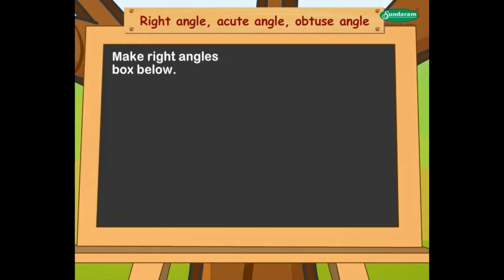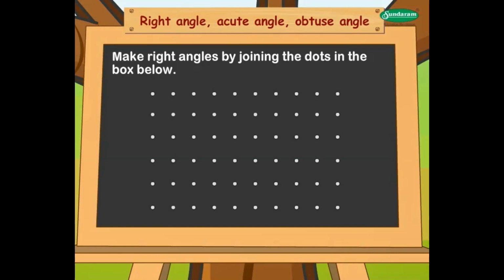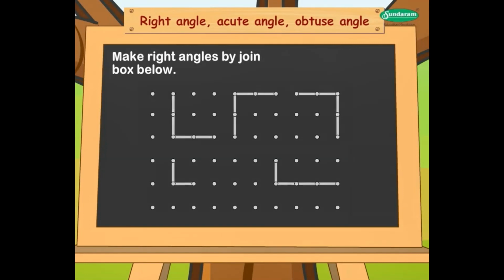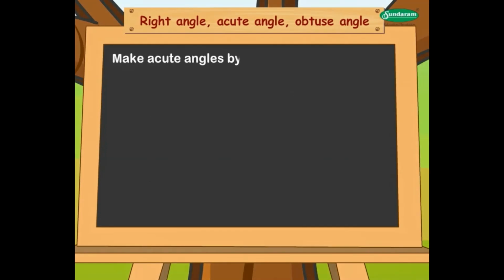Now make right angles by joining the dots in the box below. Correct. Make acute angles by joining the dots.